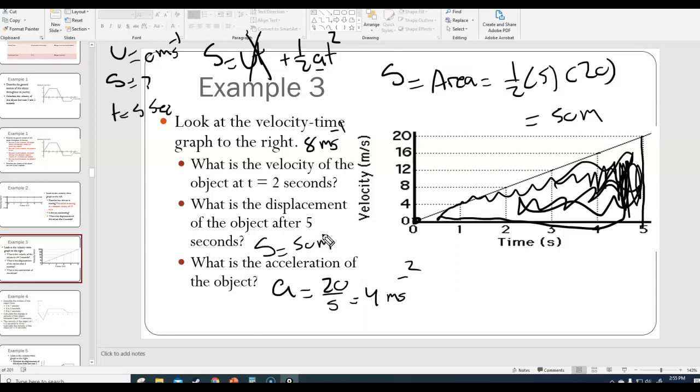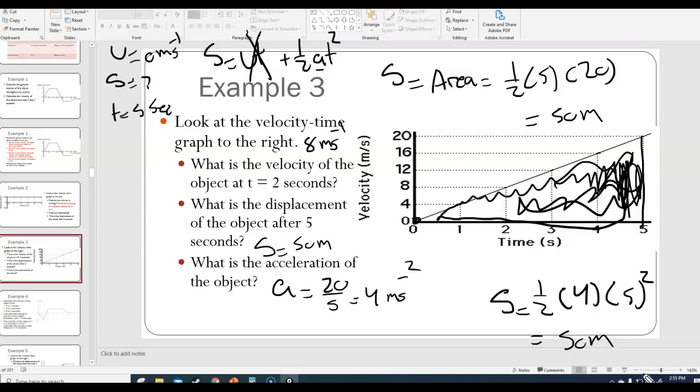Alright, so now that I have the acceleration, I can go back to my equation up here, 1/2 at squared, a is 4, t is 5, and guess what this gives me? 5 squared is 25, times 4 times 1/2 is 50 meters.